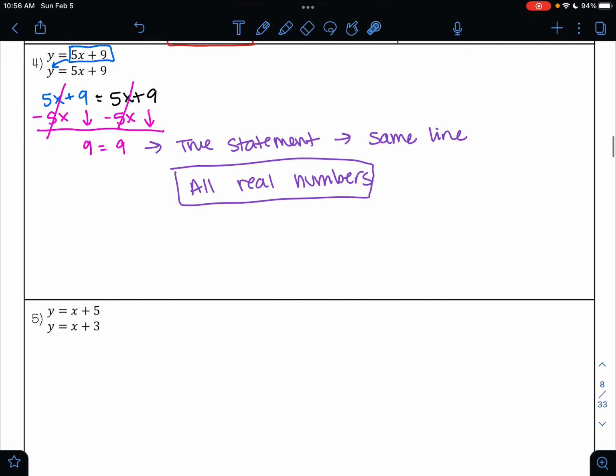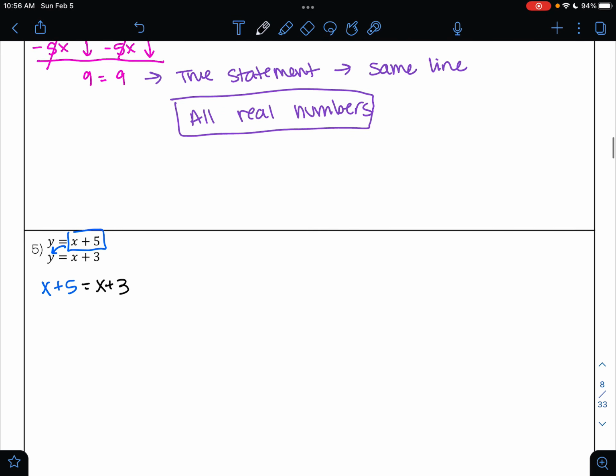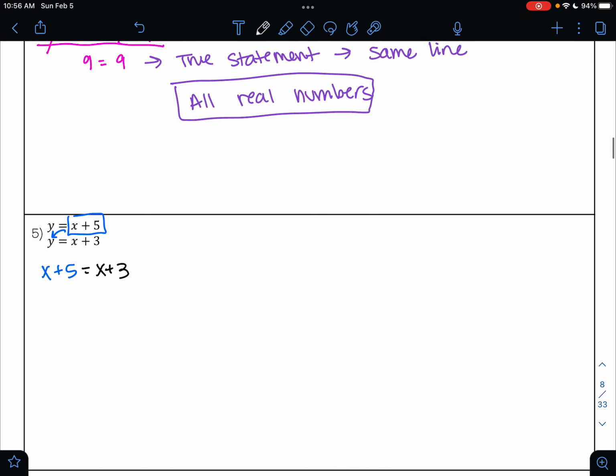Let's look at our last example, example 5. Here, I notice that both of my equations are y equals, so that's good. So I can take what y equals in this equation and plug it in for y in the second equation. So I'm going to have x plus 5 equals x plus 3.